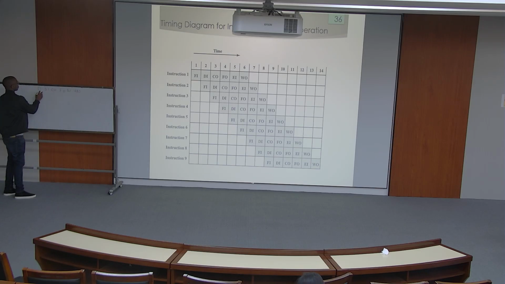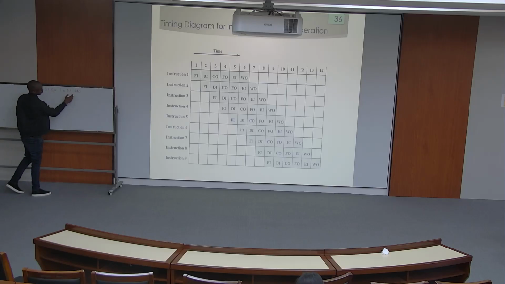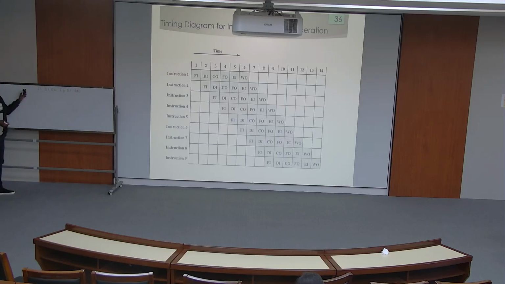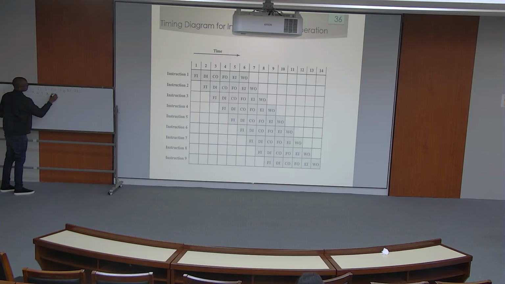So these are 1, 2, 3, 4, 5, 6. We have 6 stages. Now for instruction number 1, time 1, 2, 3, 4, 5, 6, 7, 8, 9, 10, 11, and so on and so forth.